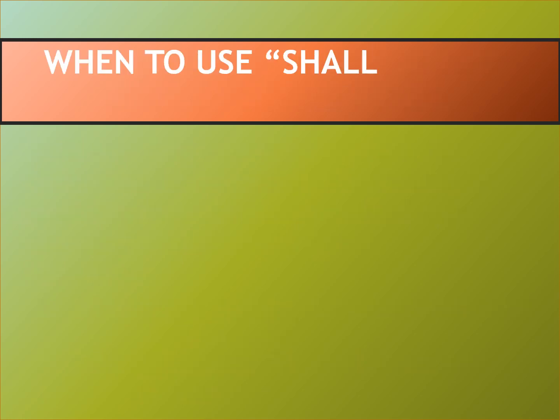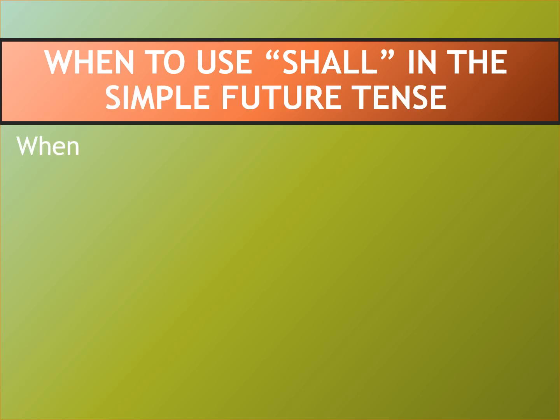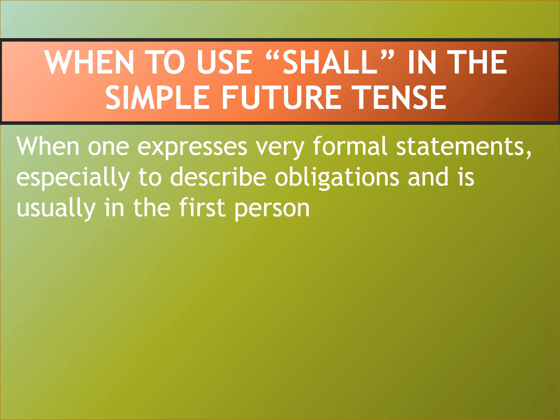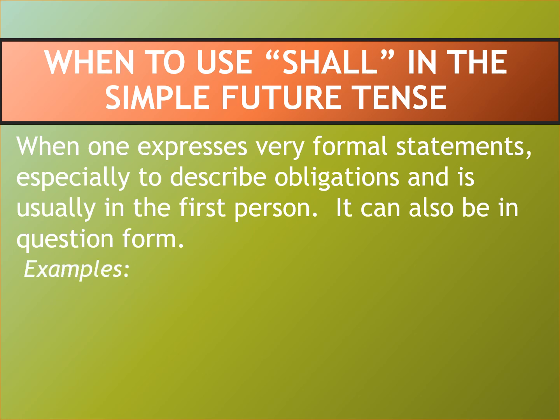When to use shall in the simple future tense. When one expresses very formal statements, especially to describe obligations, and is usually in the first person. It can also be in question form. Examples.